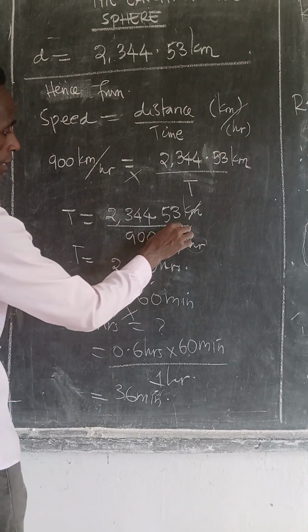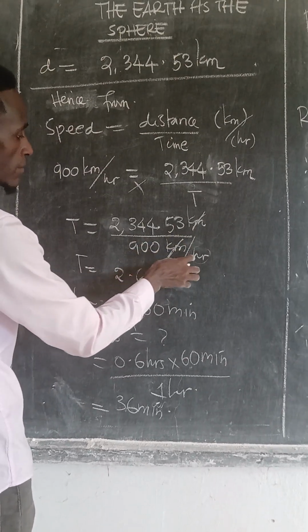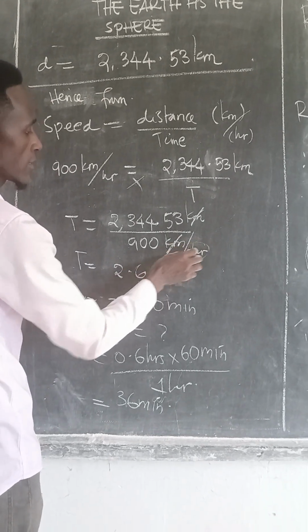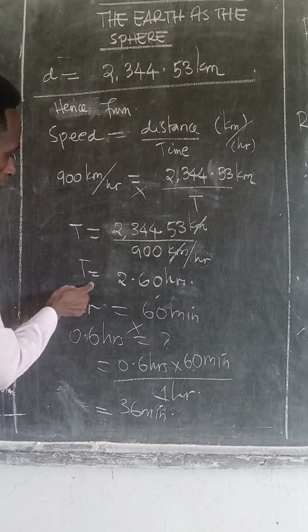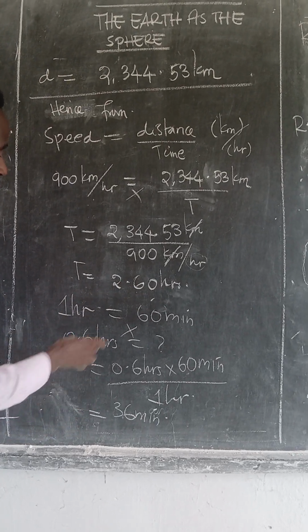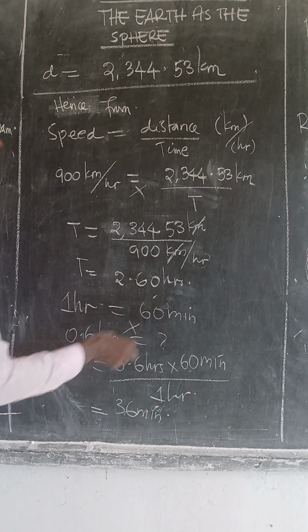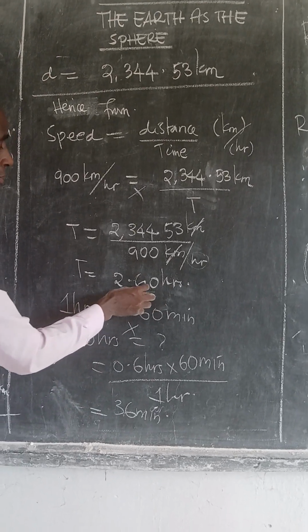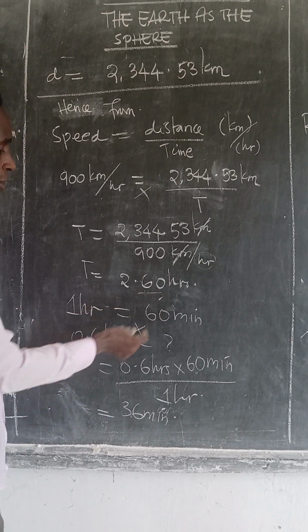Kilometer and kilometer cancel out, and time is equal to 2.60 hours. These are hours, so you can change the 0.60 hours.